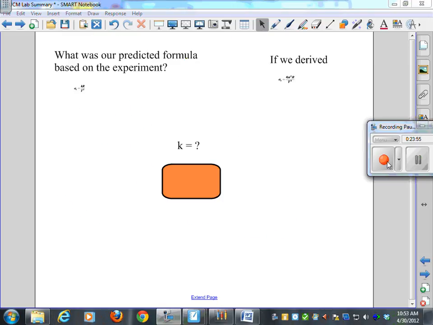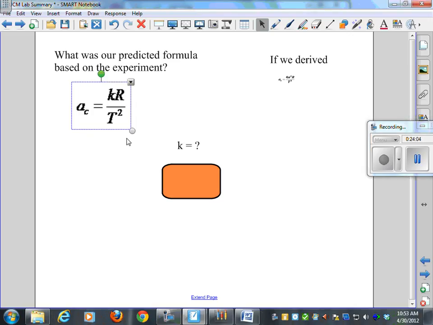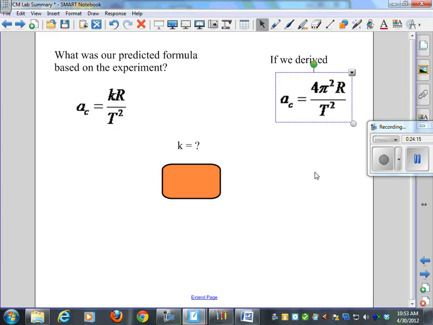Okay, so what was our predicted formula based on the experiment from way back when we started? It was A equals kr over t squared. And we wondered what the value of k was. What did we just derive? We got A equals 4 pi squared r over t squared.